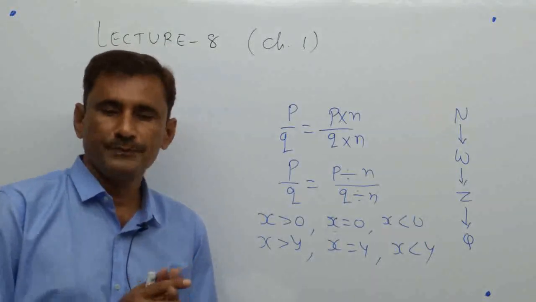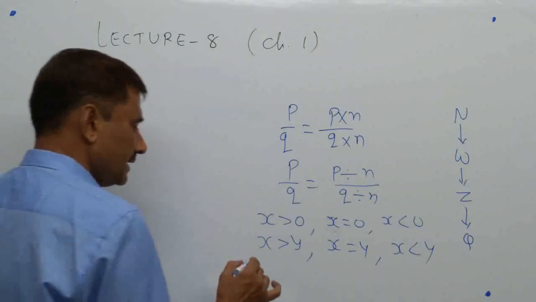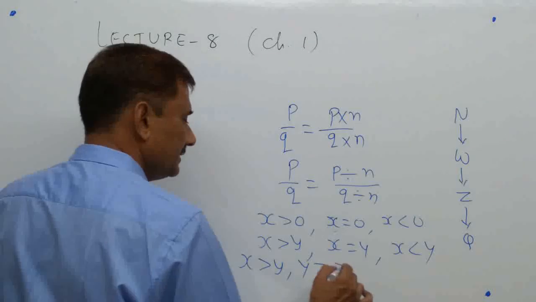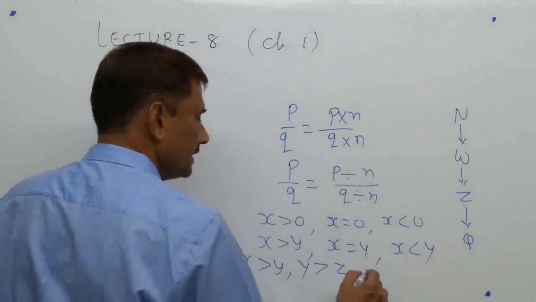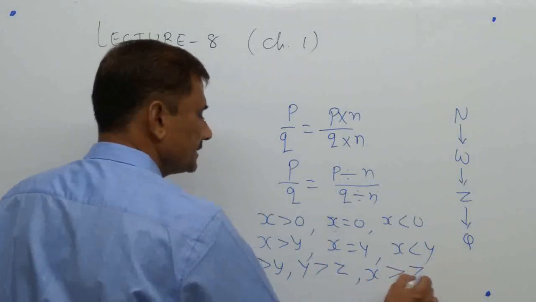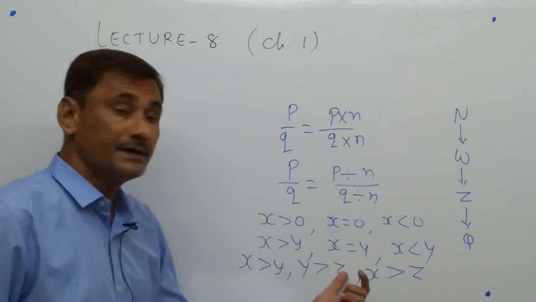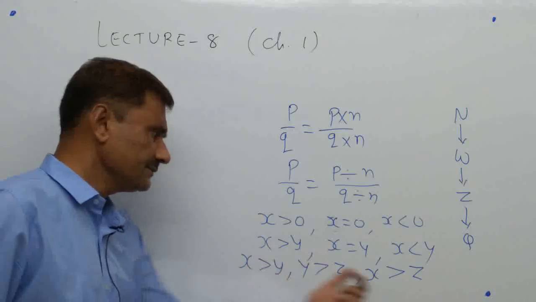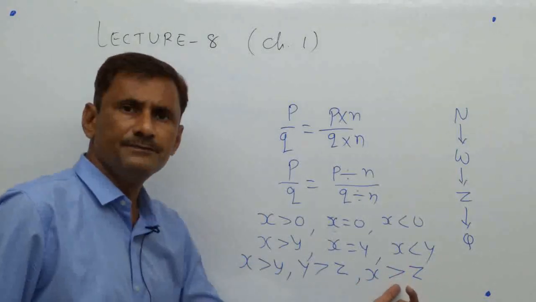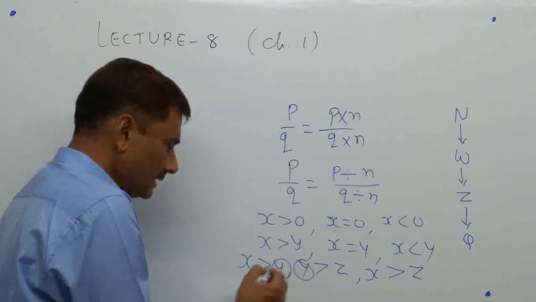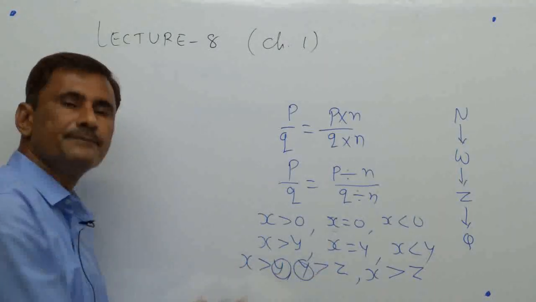And the fifth property was, if x is greater than y and y is greater than z, then you can say x is greater than z. Obviously, if the first is greater than the second and the second is greater than the third, then the first is far greater than the third one. We just bypass the middle one, y, and directly relate x to z.